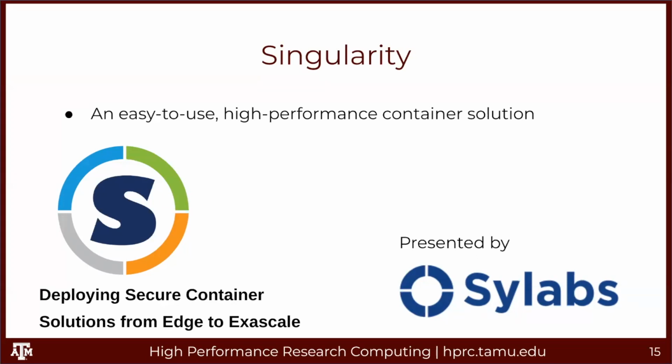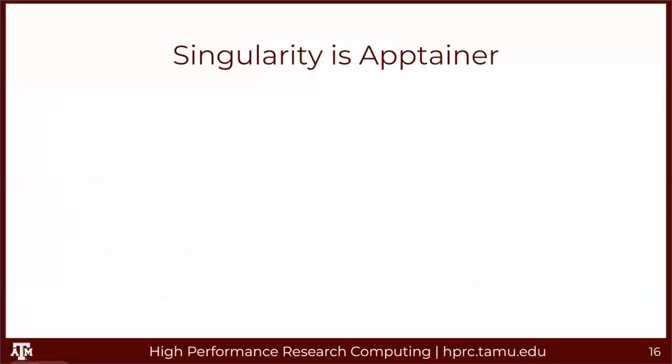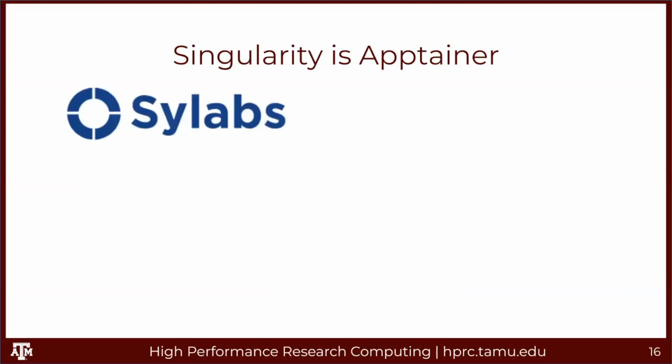The Singularity motto is deploying secure container solutions from edge to exascale, and it is created by Sylabs, which is a private corporation. Tiny history lesson: Singularity is Apptainer. What does that even mean? Why do I have two words? Once upon a time, the corporation Sylabs created a product named Singularity.